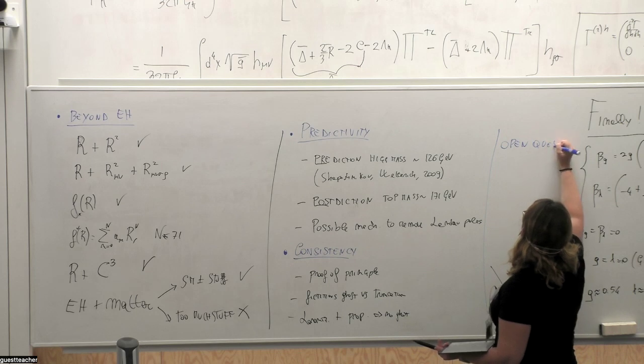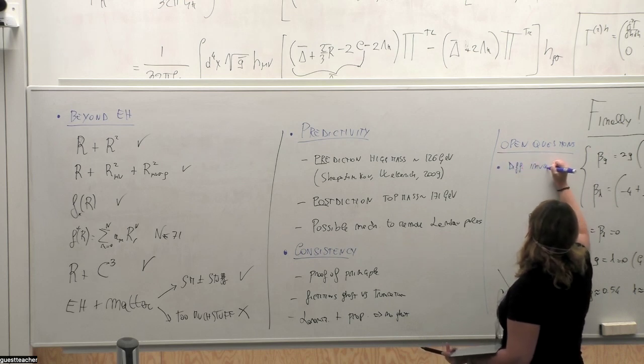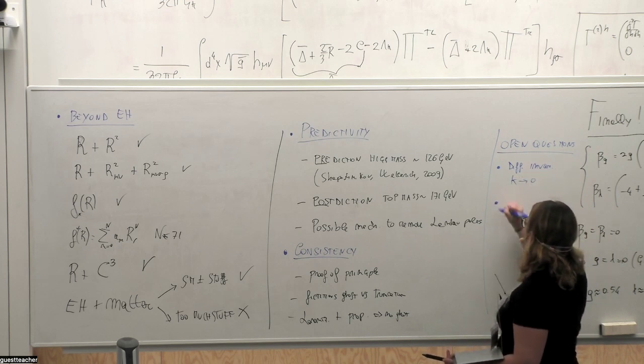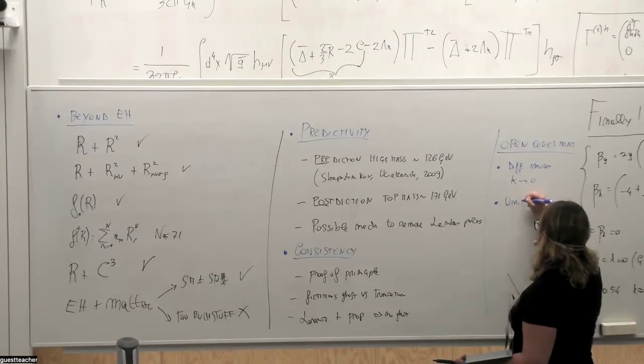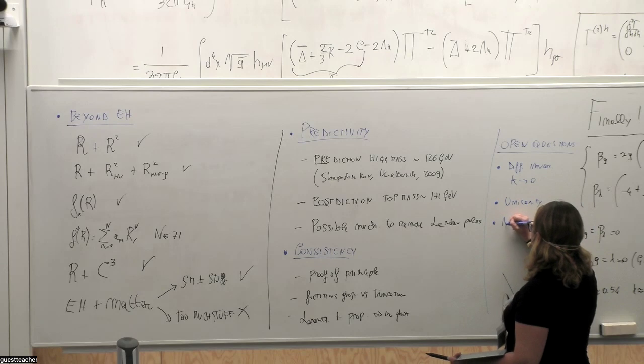Some of them we have already discussed, like understanding the recovery of diffeomorphism invariance as k goes to 0, and obviously more has to be done regarding unitarity, or more generally computing amplitudes in asymptotic safety.